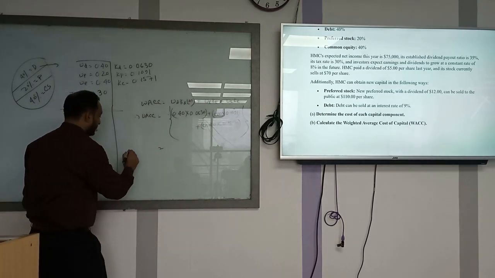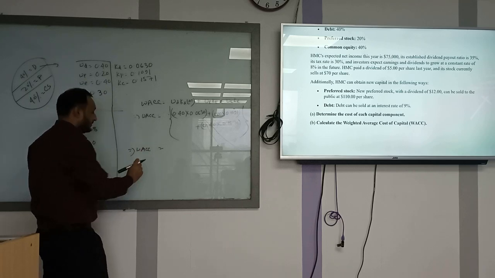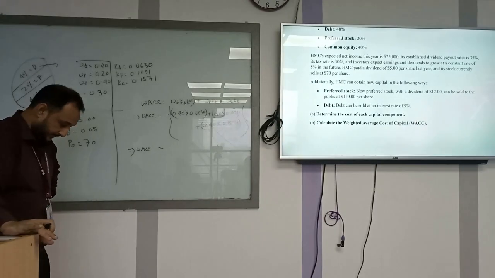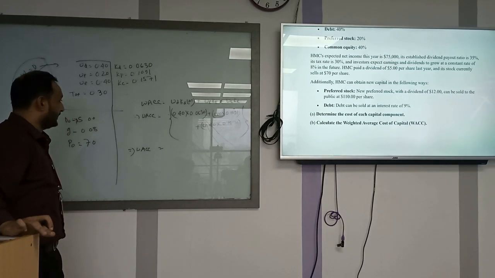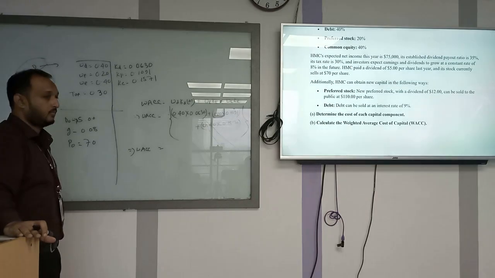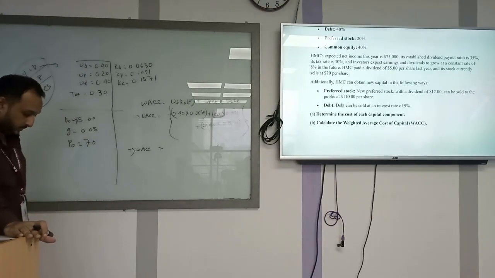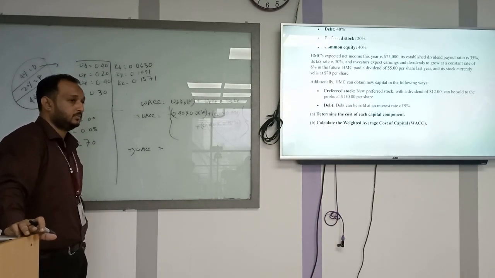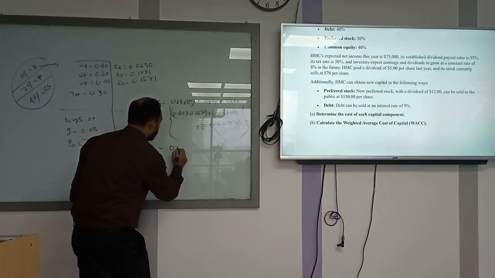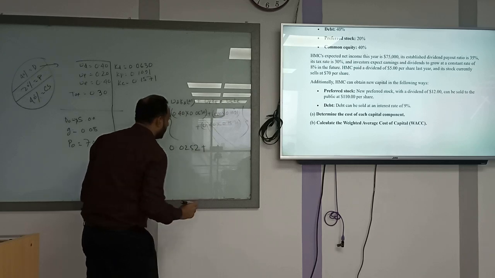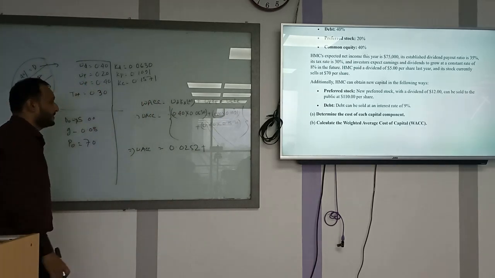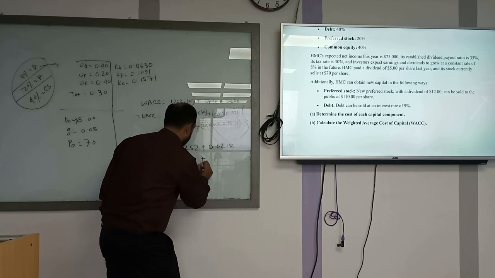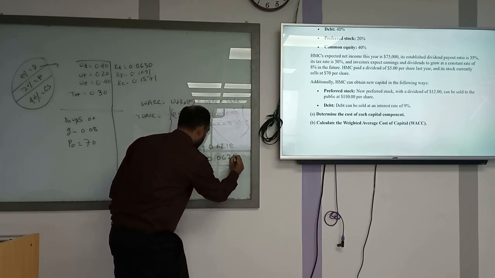So first it comes to 0.0252. 0.0252 plus 0.0218, plus 0.0628.